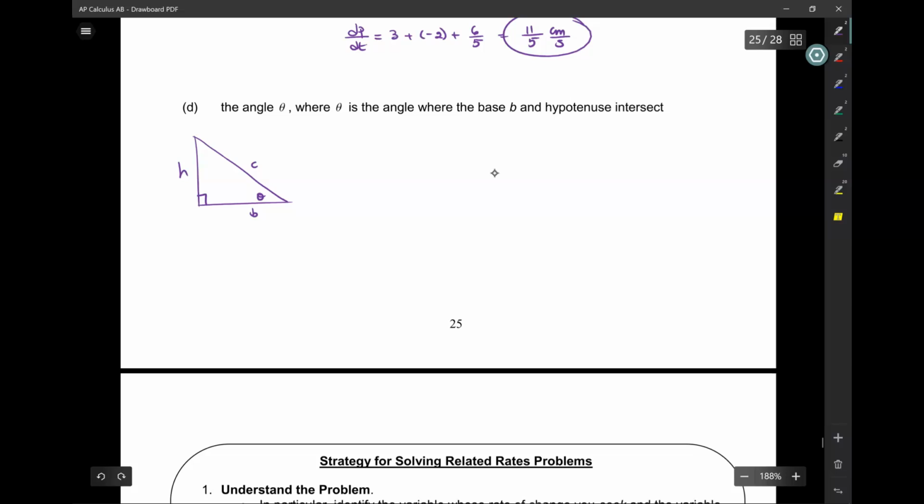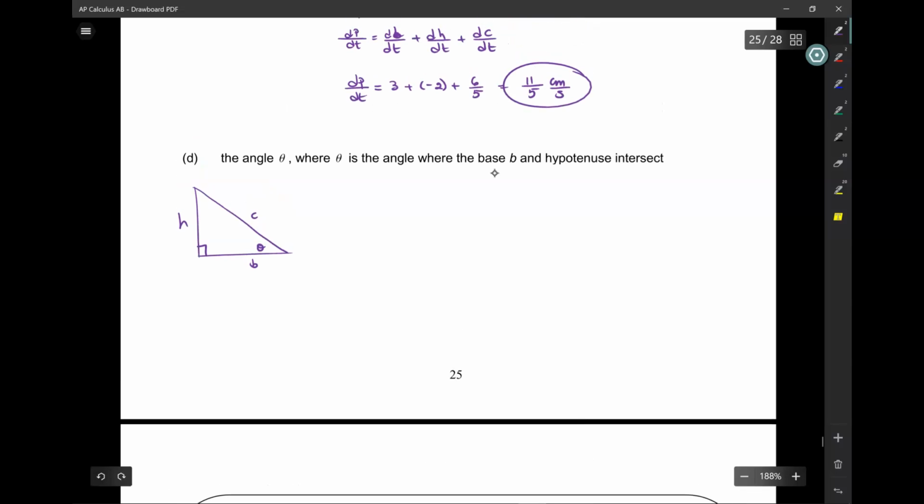We want to write an expression for this. It's tangent. I like to use the quantities that I was given in the problem. In the problem, I'm given b and h, right? So I want to relate b and h to theta, and that's tangent of theta is equal to b over h. No, it's not. It's h over b.